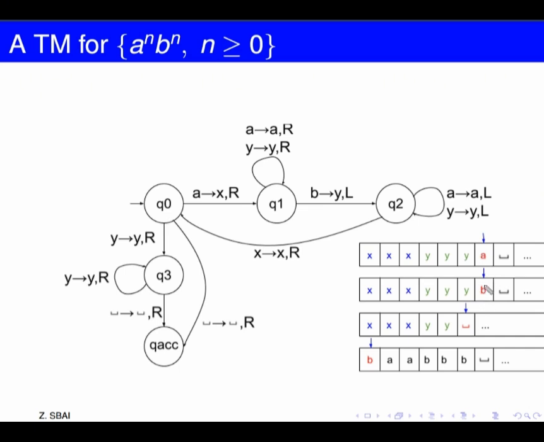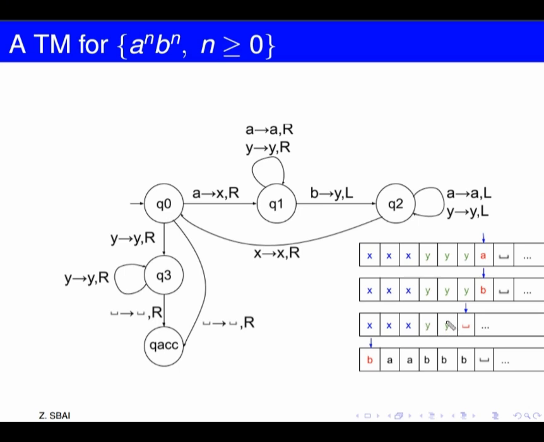Also, if we find another B, for example, 3 X's here, it means that there were 3 A's changed by 3 X's and 3 B's changed by 3 Y's. And here there is a fourth B. 3 A's with 4 B's is not accepted. So in this case also, we have to reject.